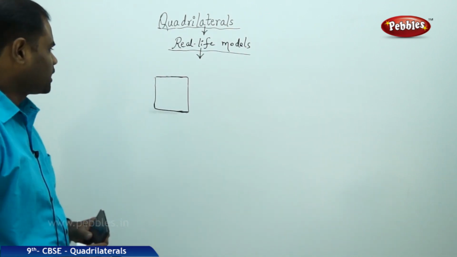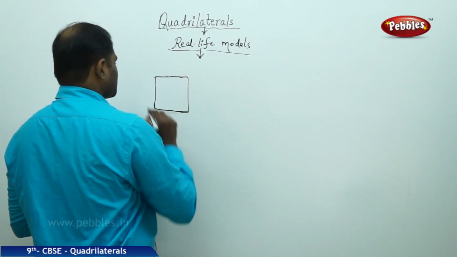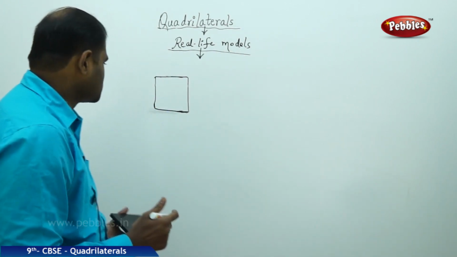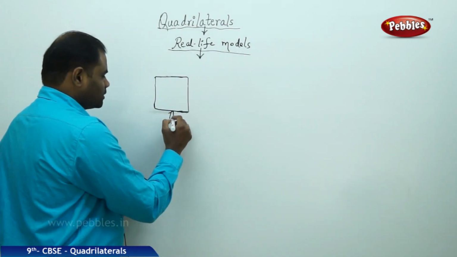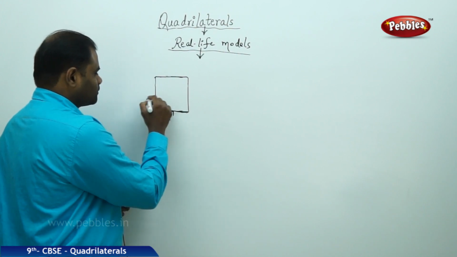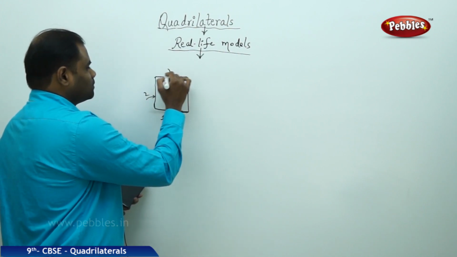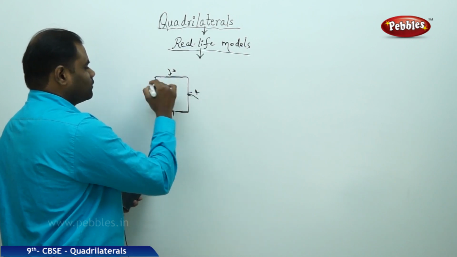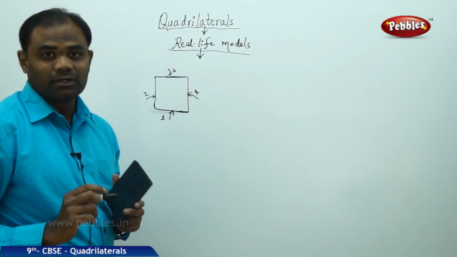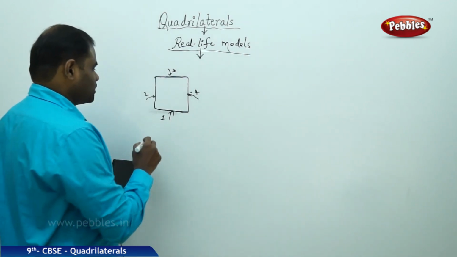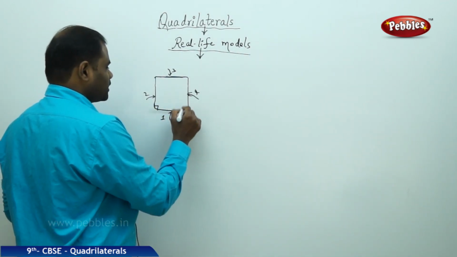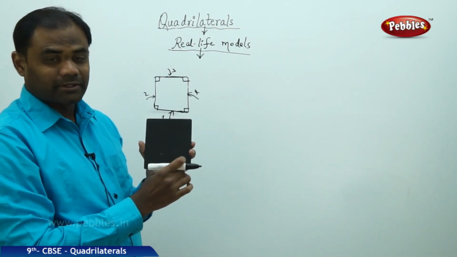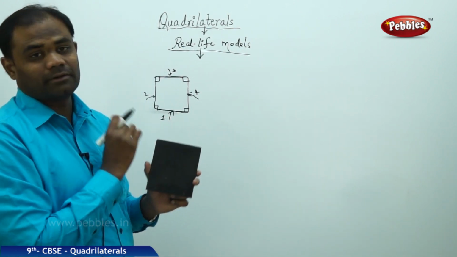So here is what I get, the shape of the disc cover when I draw on the board. This is formed by line 1, line 2, line 3 and line 4, a 4-sided figure with special geometrical properties that each angle is 90 degrees, 90 degrees, 90 degrees and 90 degrees.